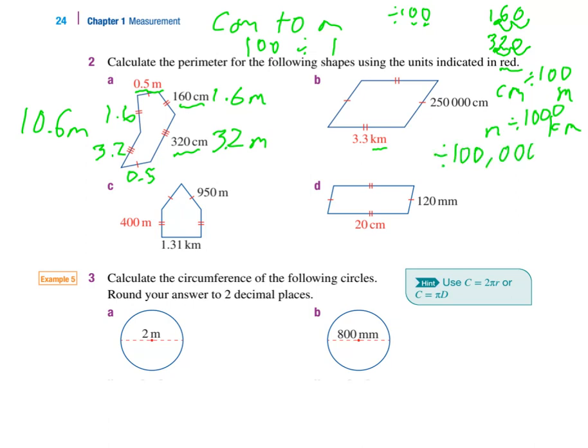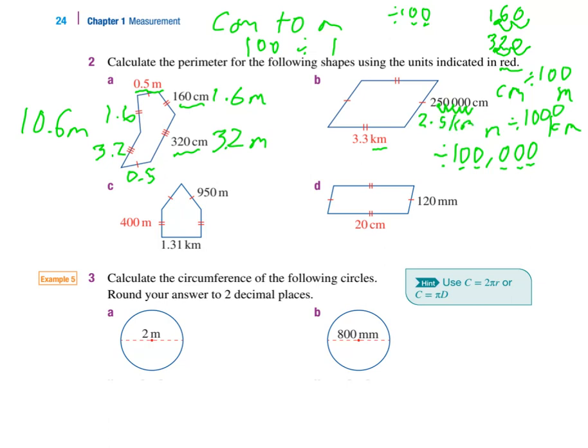And because there are 5 zeros in 100,000, that's how many times the decimal place needs to move. So when we've got the number 250,000, we need to do 5 jumps to have the decimal place in the right spot. 1, 2, 3, 4, 5. It will be between the 2 and the 5, so that will actually be 2.5 kilometers.